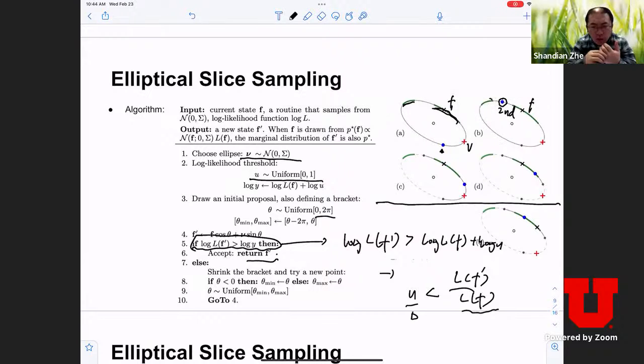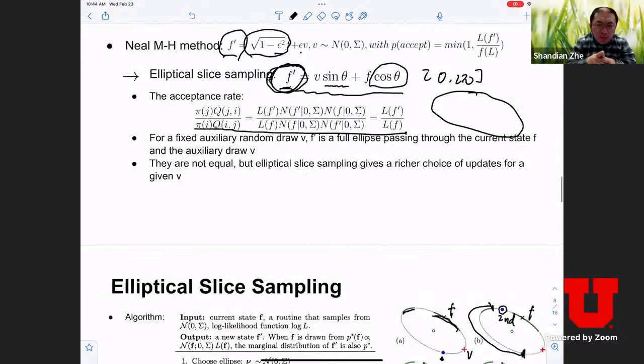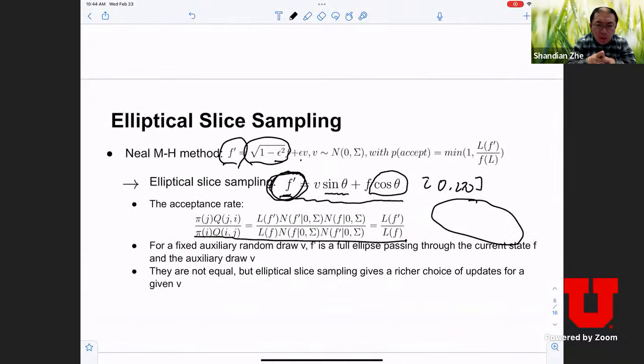Why do you use this shrink procedure? Let me go back to the previous slide. First of all, we need to be clear what the distribution is here. You have an augmented model with a uniform random variable theta.